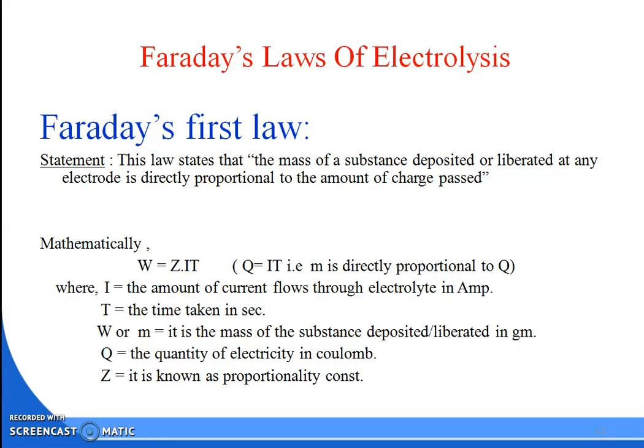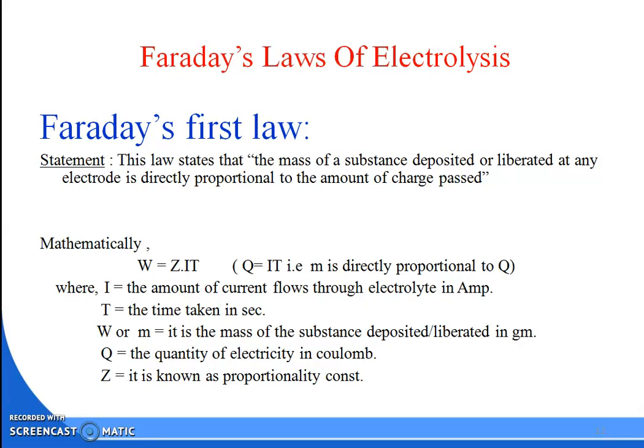So it is mathematically represented as W is equal to ZIT. That means M is directly proportional to Q. M or W, both are the mass of substance deposited or liberated in gram. So when W is directly proportional to Q, and we know that Q is equal to IT, then W is equal to ZIT. Z is your proportionality constant.